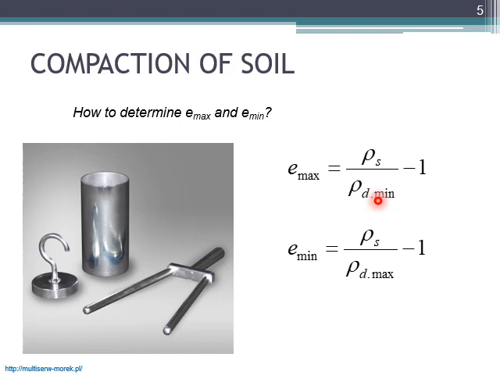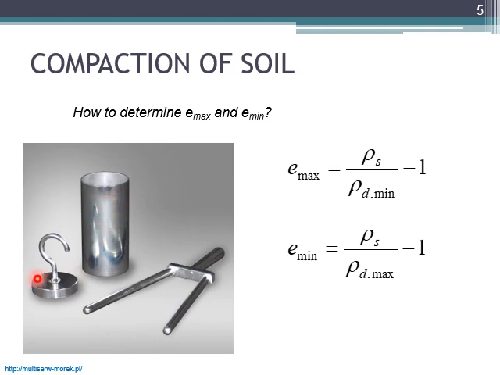Now, to get the most compacted state, the densest state of the same sample, we would use this fork. So we would place this top cap on the top of the specimen, and then by means of this fork, by hitting the cylinder with it, we would create some vibrations that would result in compacting the soil sample.